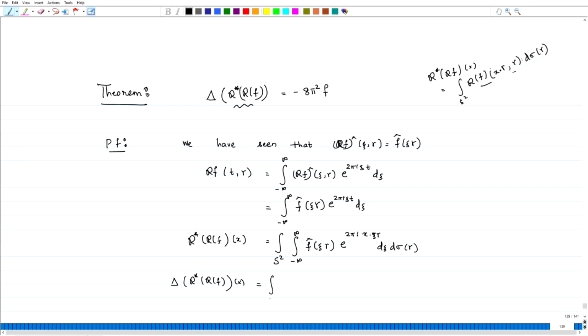So, here we get the integral from minus infinity to infinity of f hat of xi gamma, and when we take the Laplacian, this is going to be e to the power 2 pi i, so minus 4 pi square xi square e to the power 2 pi i x dot xi gamma, d xi d sigma gamma.